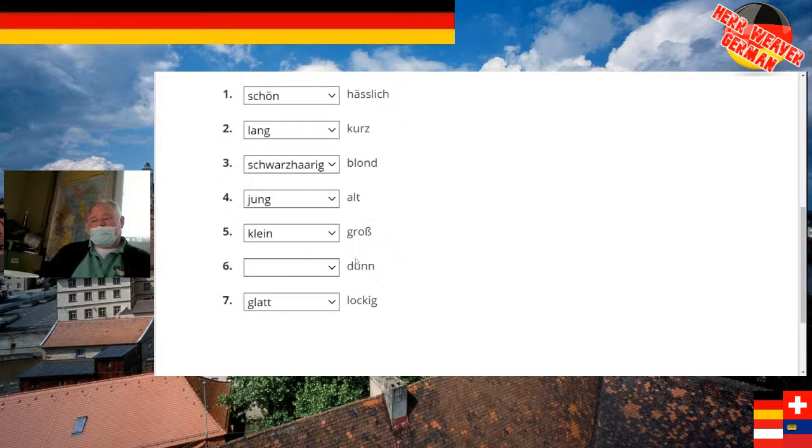That leaves dünn has to be the opposite of dick. So what does dünn mean? Skinny, thin. Dick is fat, yeah? Schön, hässlich, lang, kurz. Let's go. Hässlich, schön, kurz, lang, blond, schwarzhaarig, alt, jung, groß, klein, dünn, dick, lockig, glatt. Okay, sehr gut. Sehr gut.